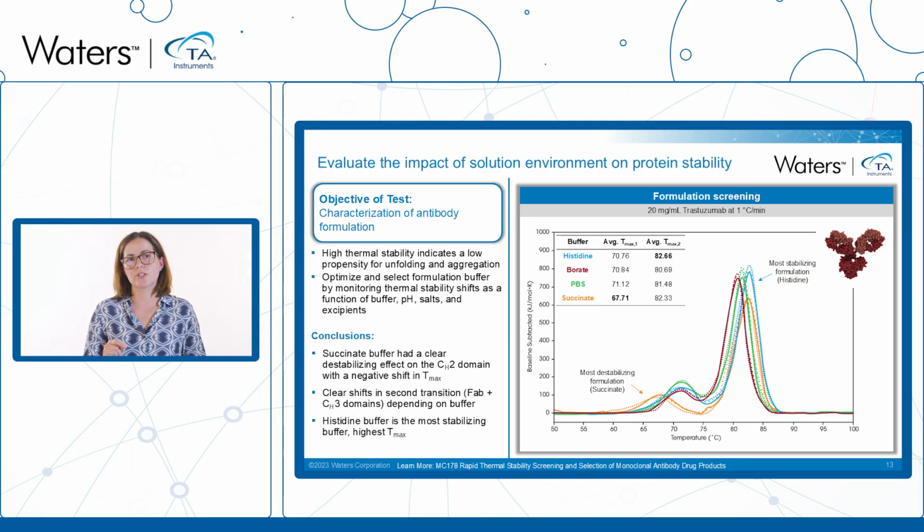The main transition, in this case, is going to be less stable in the borate buffer, with a Tmax of about 69 Celsius. So overall, one can conclude that the most stabilizing buffer formulation for this antibody is histidine buffer, which is actually the buffer that is used for the final formulation of the approved drug product.